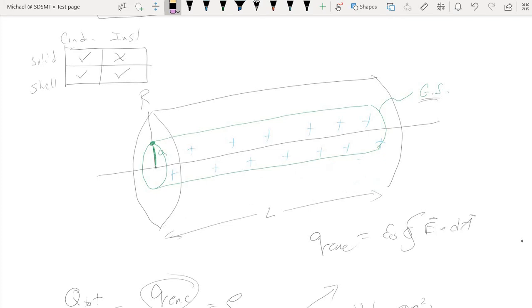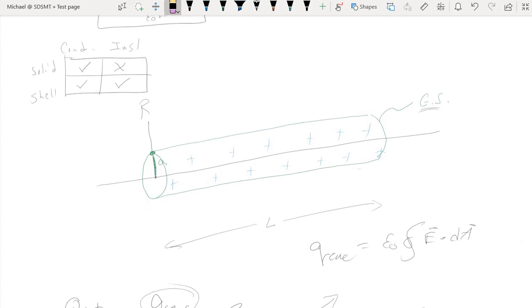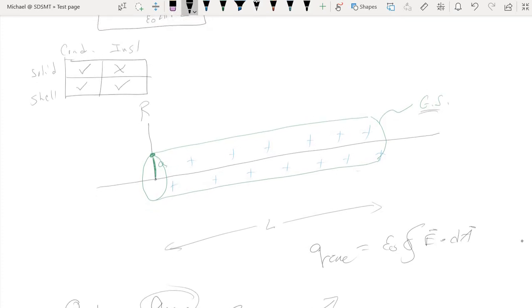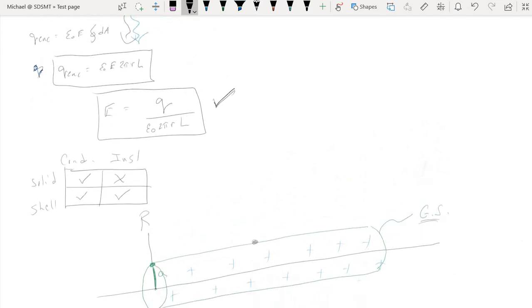And so basically all we have left is a solid cylinder of radius A, and we're trying to find the electric field at the surface of that cylinder. Well, we've already done that example.